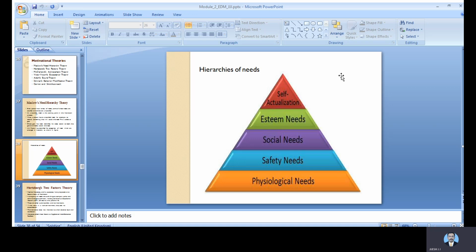Then esteem needs and self-actualization. These are specific to every individual, and if you are able to fulfill the needs of individuals in all these aspects, they feel satisfied and motivated.